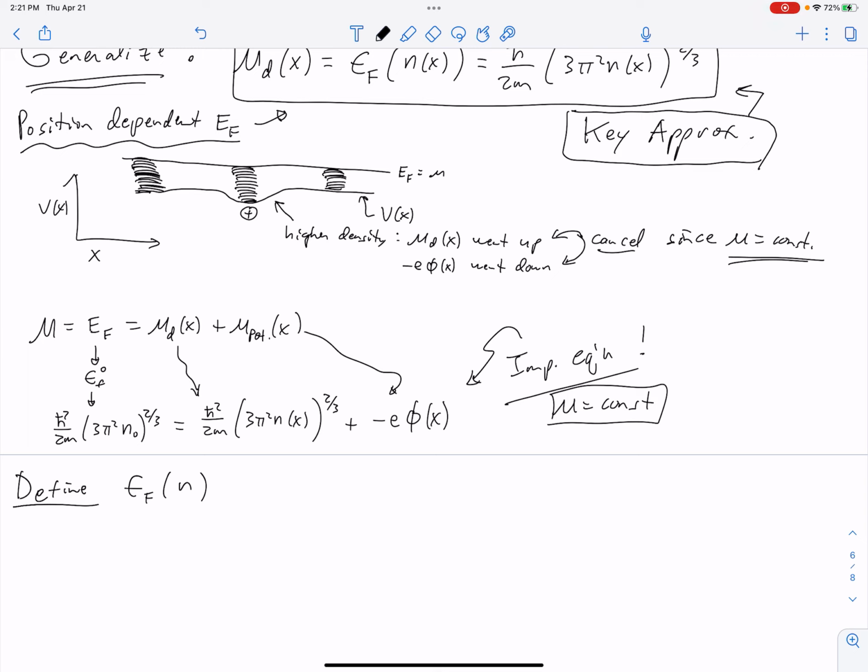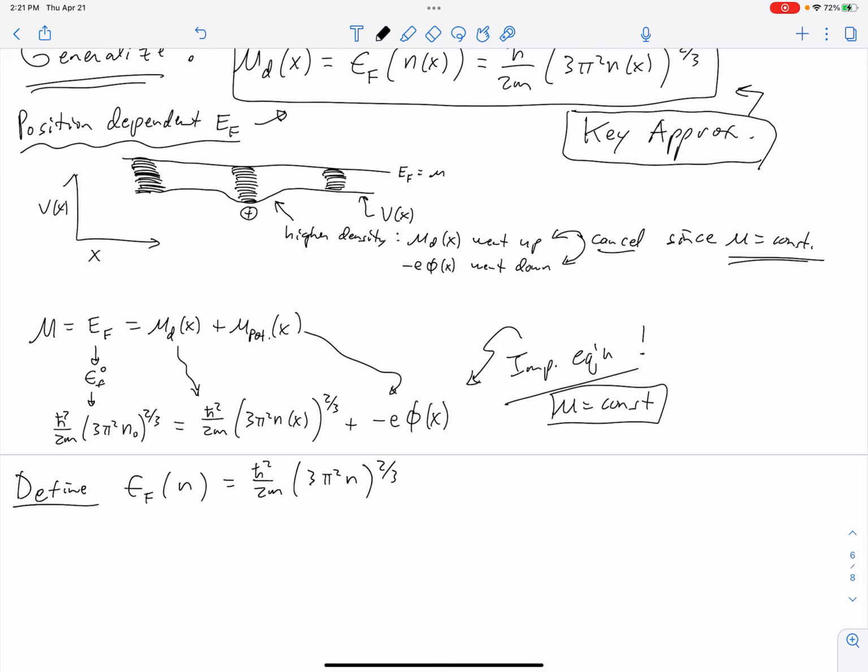So I know that function, which is h bar squared over 2m times (3 pi squared n) to the 2/3.